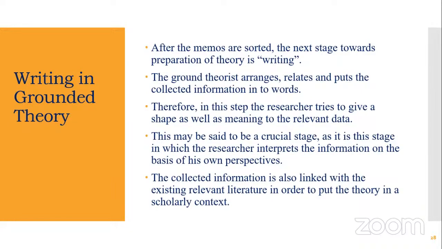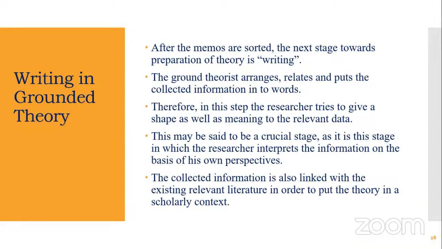All these are integrated together. So this may be said to be a very crucial stage, as it is in this stage that the researcher interprets the information on the basis of his or her own perspectives for the development of the theory itself.